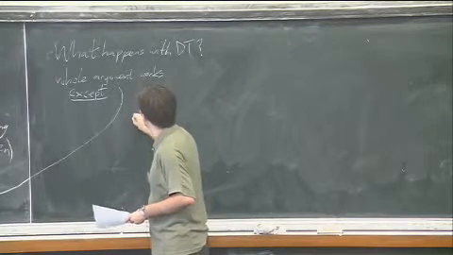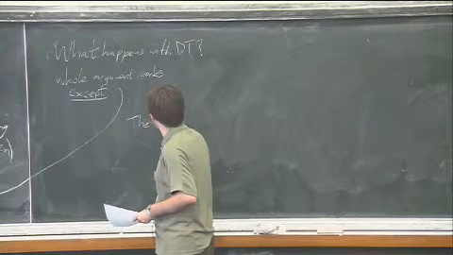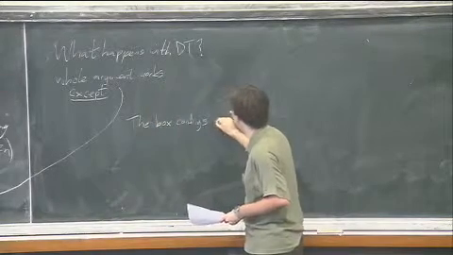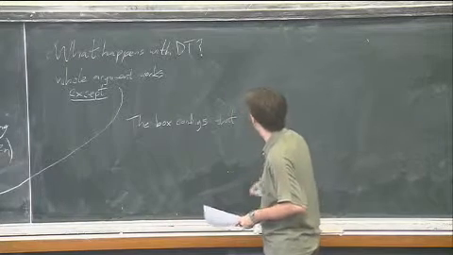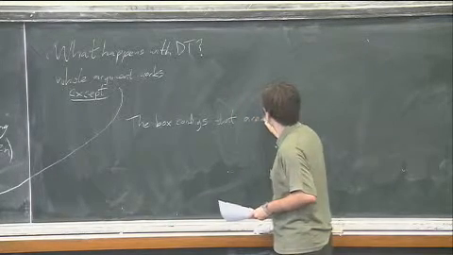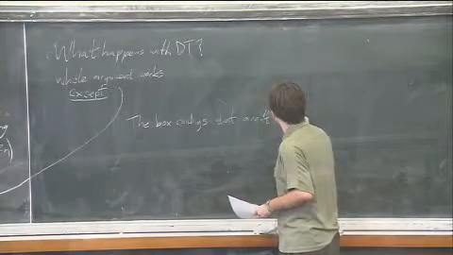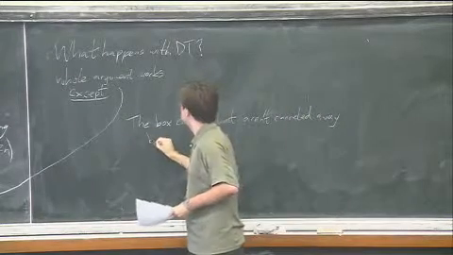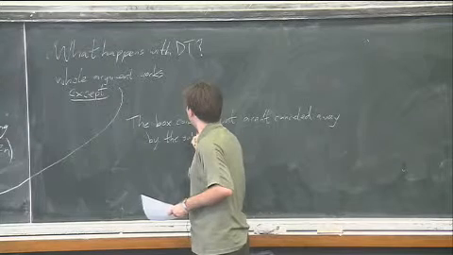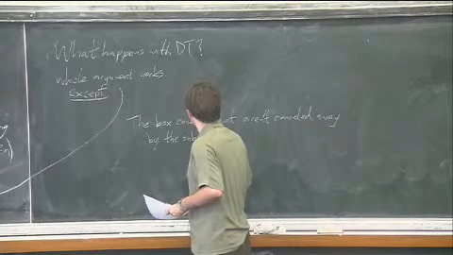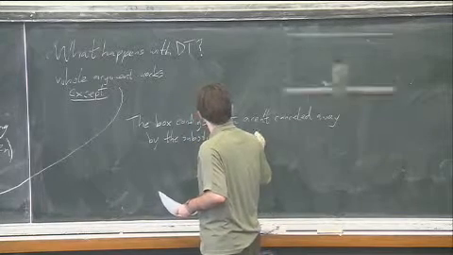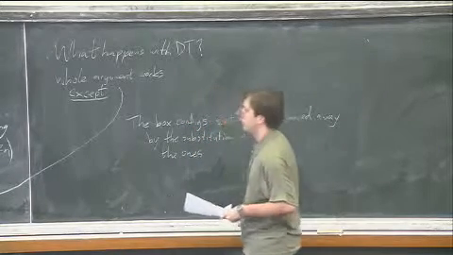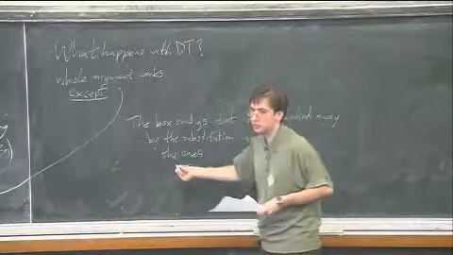So the box configurations that aren't cancelled away by the substitution, they're the ones with, this is an approximate statement.